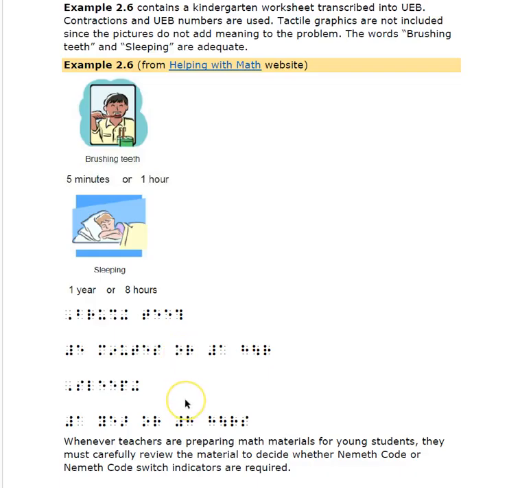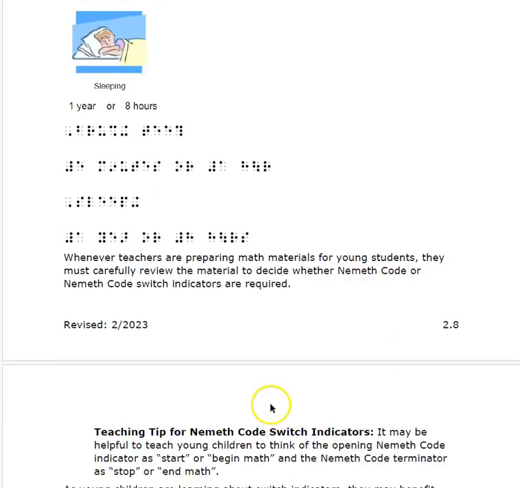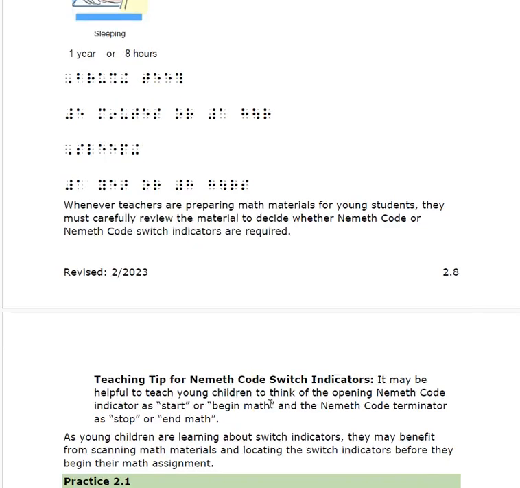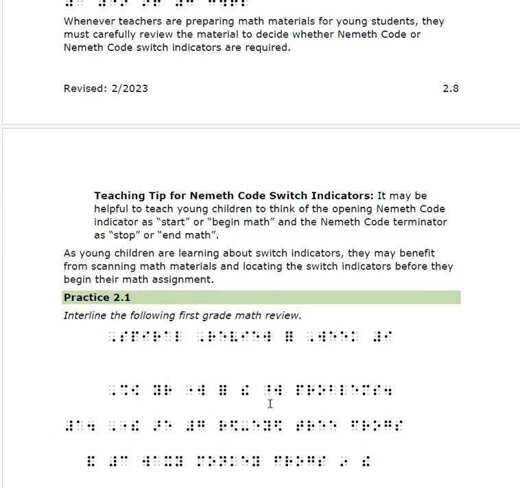So you don't need to make them Nemeth numbers. And then it says sleeping 1 year or 8 hours. Okay? It may be helpful to teach young children to think of the opening Nemeth as a start or begin math, and the Nemeth code terminator as a stop or end math, which is what I do.